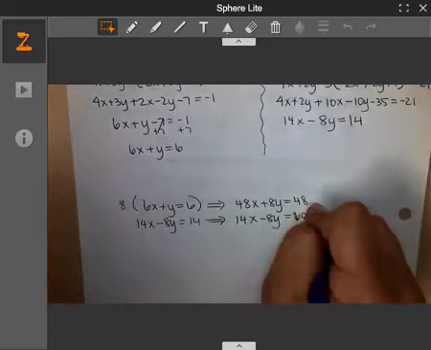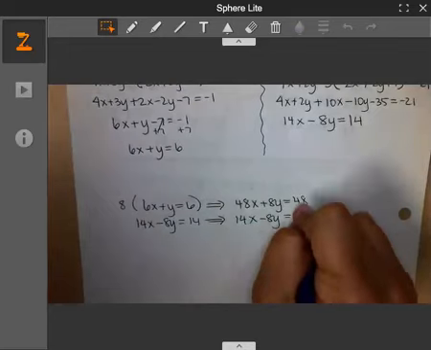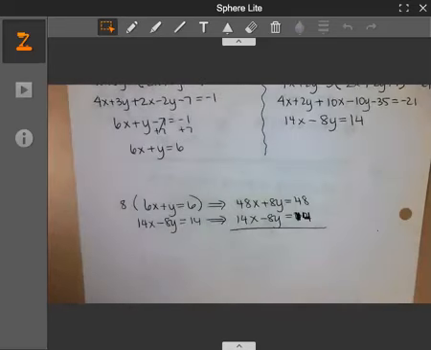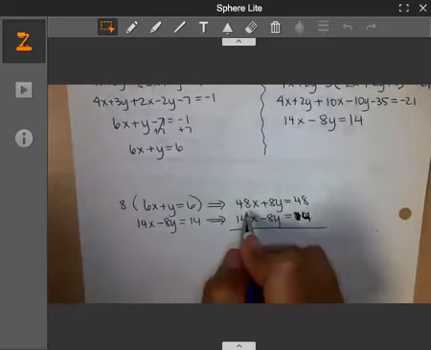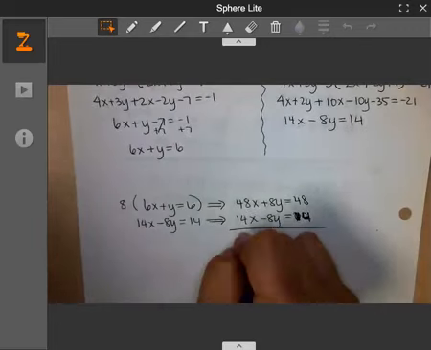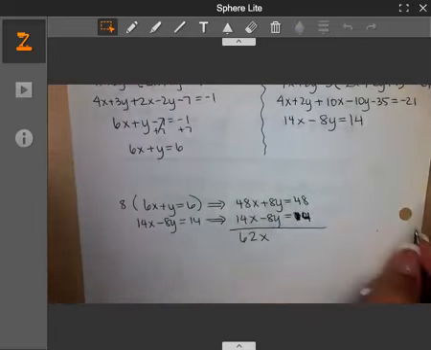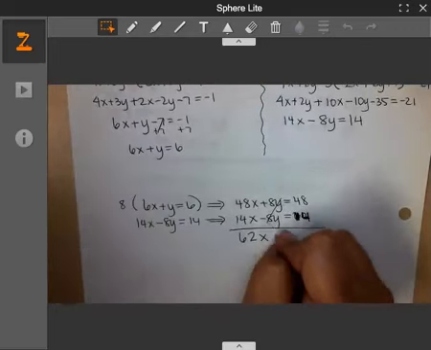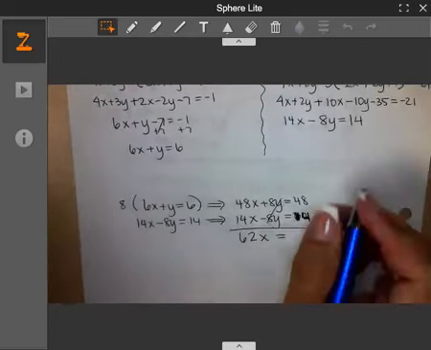Sorry. Now we're ready to add those two together. 48 and 14 give us 62x. 8y and negative 8y is 0, so that's going to go away. And 48 and 14 is 62.